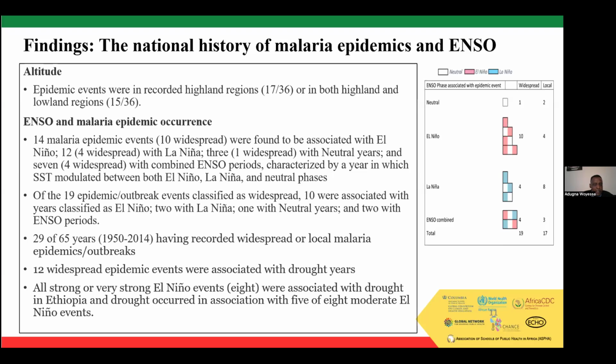All strong or very strong El Nino events were associated with drought in Ethiopia, and drought occurred in association with 5 of 8 moderate El Nino events.